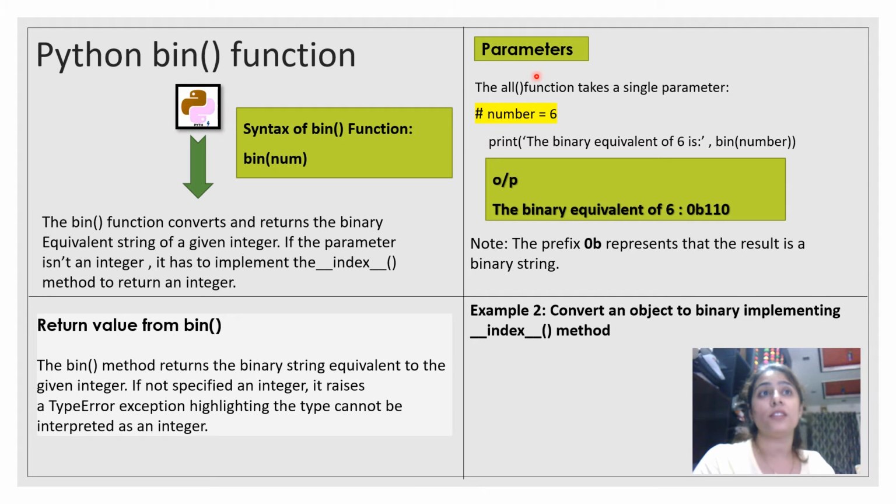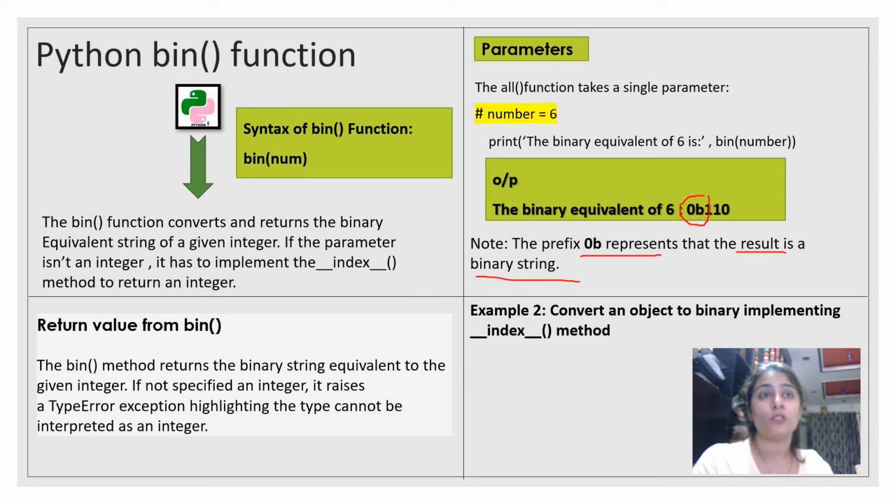So let's see what parameters we can pass. Only a number here. Like the binary equivalent of 6 would be 0b110. Now this 0b prefix represents that the result is a binary string. Clear?